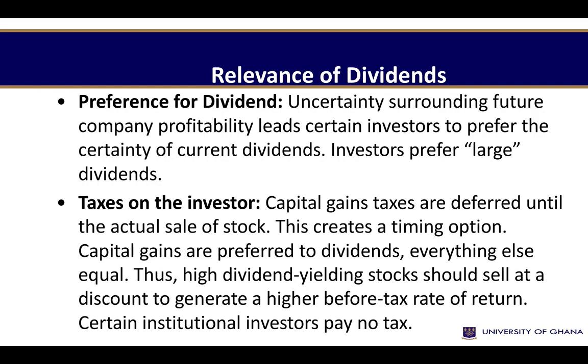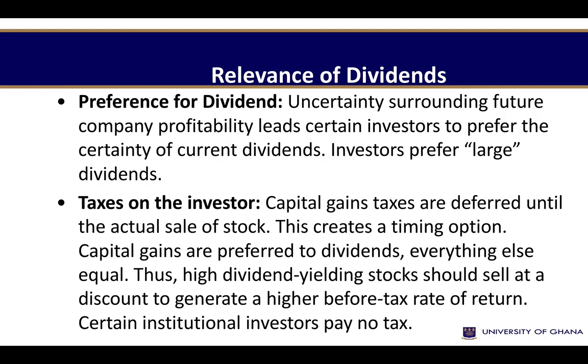and hence have an impact on the value. Now, when it comes to taxes as well, with capital gains, taxes are deferred until the actual sale of the stock. So capital gains are therefore preferred to dividends because of the timing option; it defers, everything else equal.